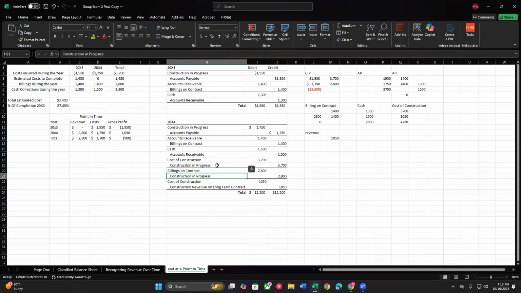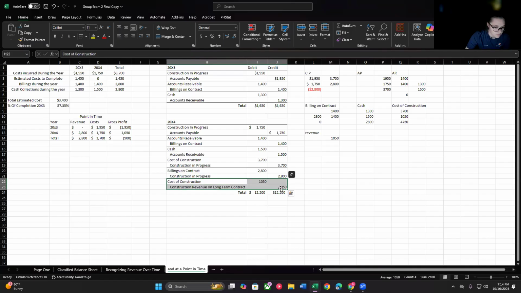I'm not saying the billings on contract doesn't need to be closed, but I don't think it's supposed to be construction in progress. Because not all of the examples are going to be exactly used in every situation. That's happened on other assignments too. So I guess say we remove that one.